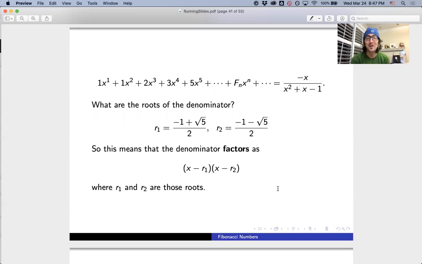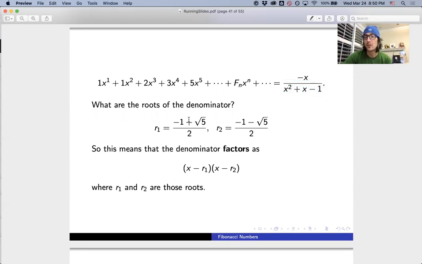And it's this great idea that you've all done before in your algebra classes. So the very first time that you learned about quadratic polynomials, I bet you learned how to solve for their roots. Right? So probably you would have taken an equation like x squared plus x minus 1 and said, where is it equal to 0?